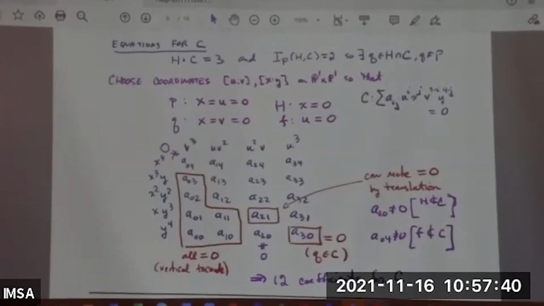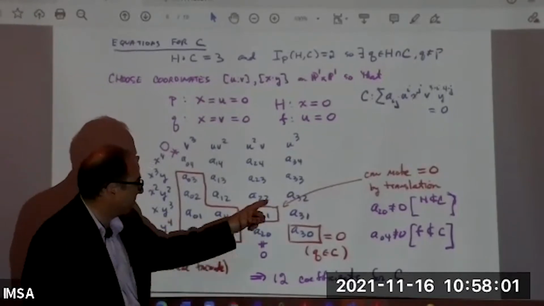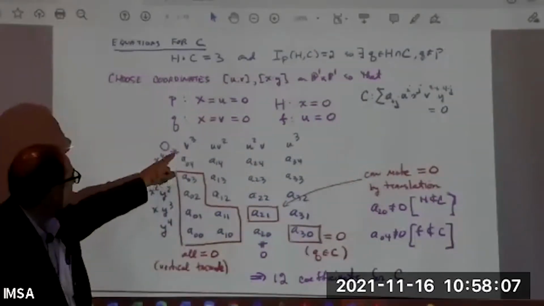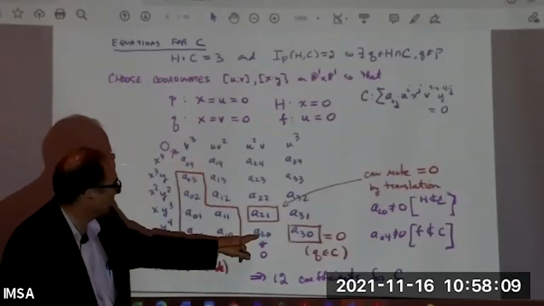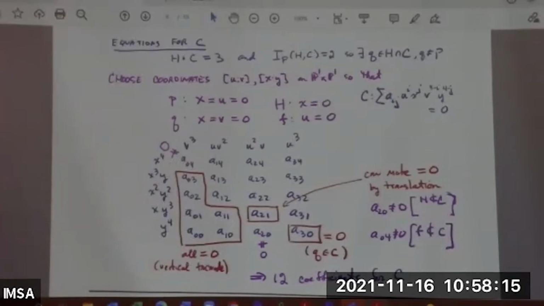This is exactly the same as the Weierstrass equation not having a square term. You can do a translation in X so that y squared equals a cubic, and that cubic doesn't have a square term. Now this one can't be 0, and this one can't be 0. Those are the conditions that C doesn't contain either the horizontal or the fiber components.